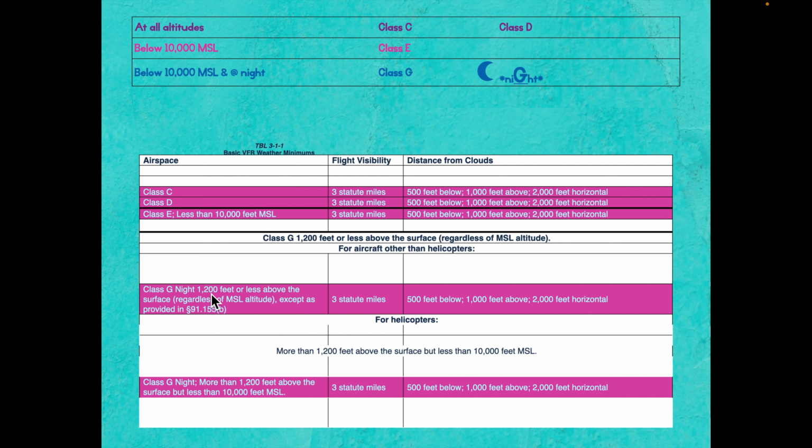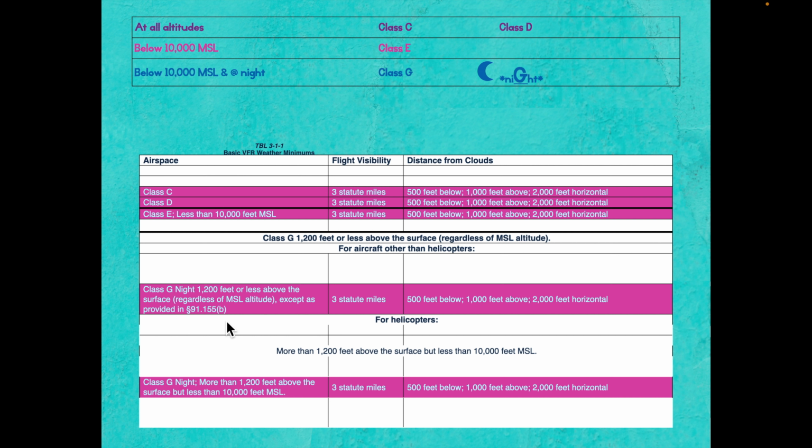So if we look, that includes this Class G at night, 1,200 feet or less. Well, technically, yes, 10,000 MSL means sea level. Should also be 1,200 feet or less above the surface, unless you're in Alaska.